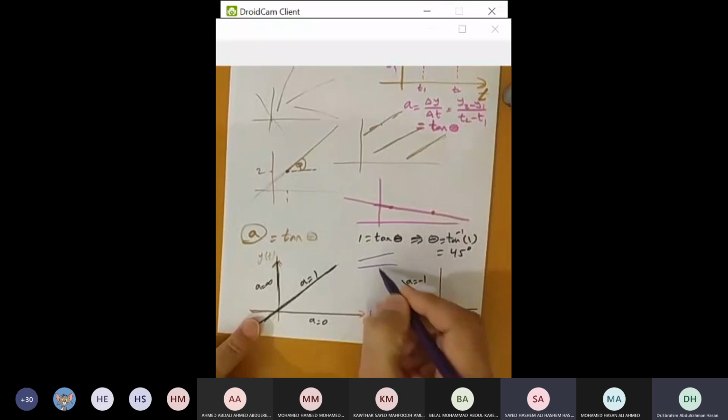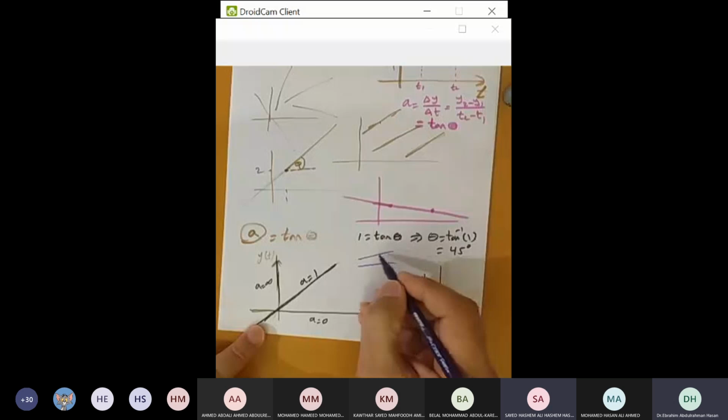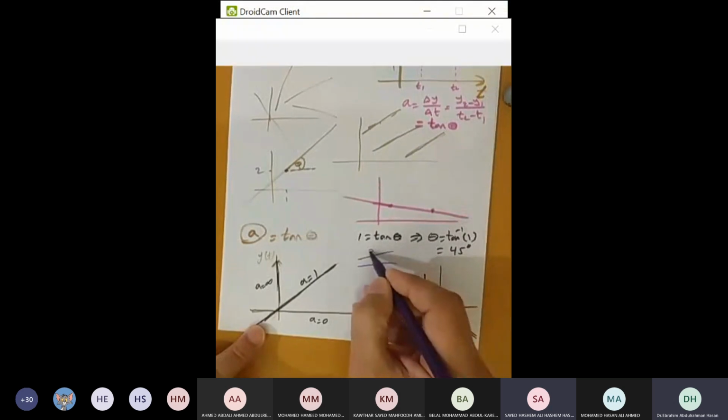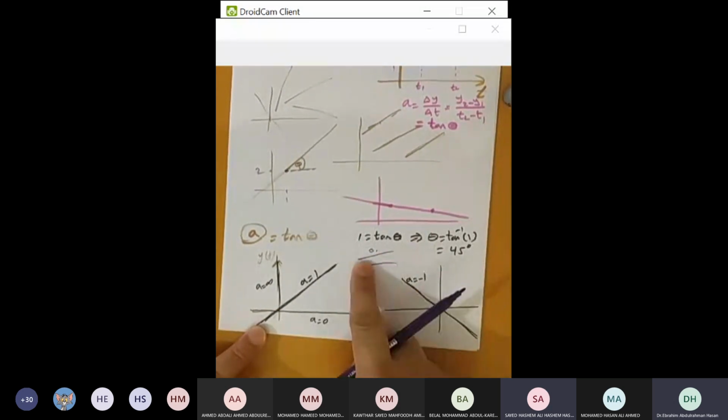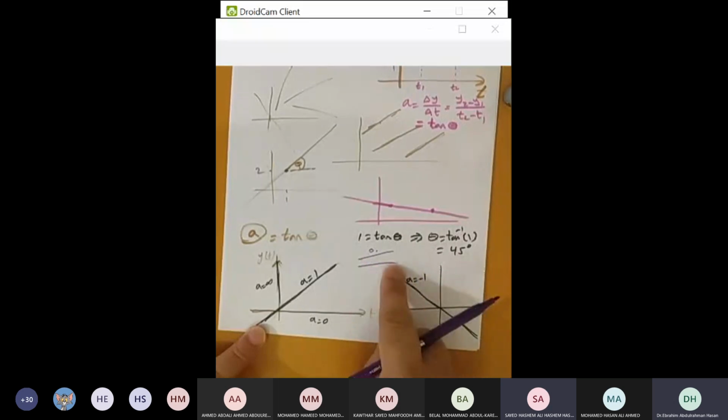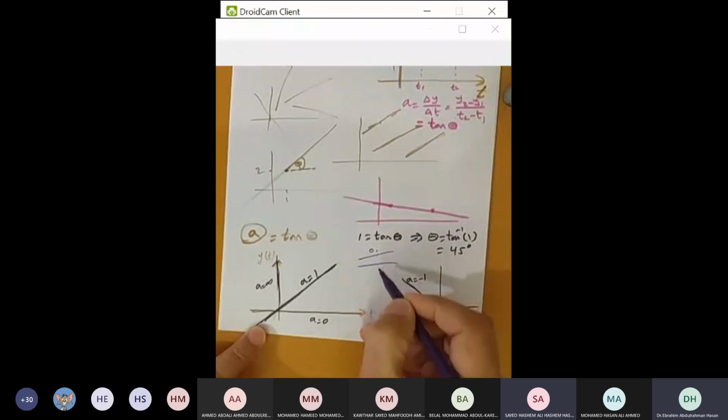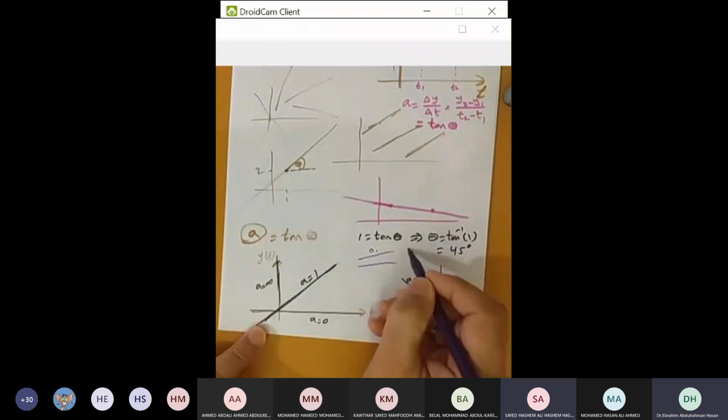If you draw like this, how can I differentiate? المفروض my question is to plot one with slope 5 and another one with slope 1, but this angle is less than 45, and the angle of this one, it is يعني close to 0. So you cannot say that this is with a slope equal to 5 and this is with a slope equal to 1. So then this is wrong.